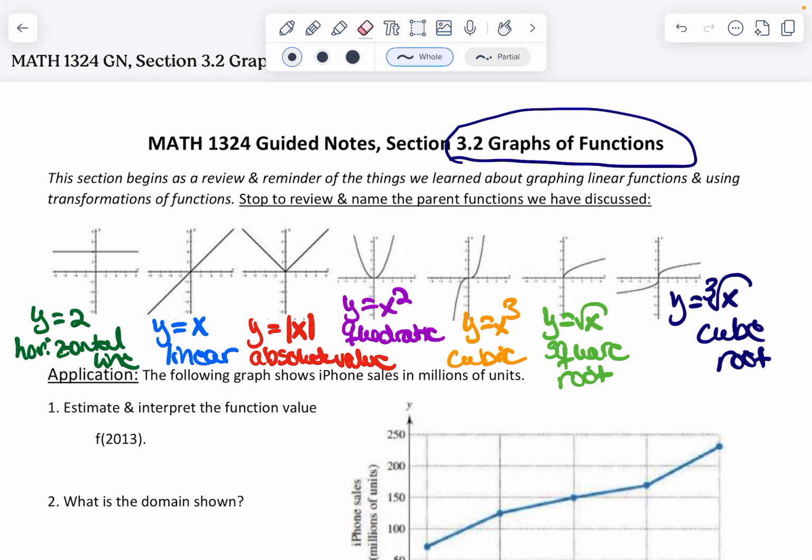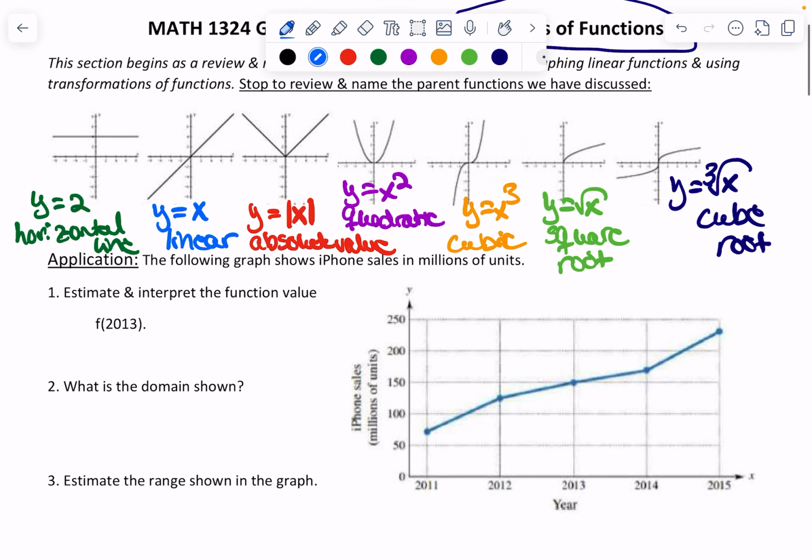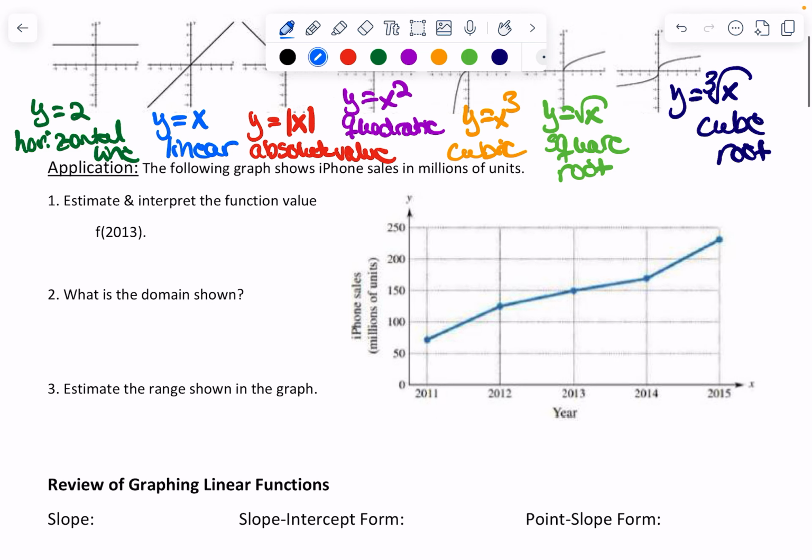Okay, let's continue on to the application. So the following graph shows iPhone sales in millions of units. So here's the year, and here are the iPhone sales. Estimate and interpret the function value, f of 2013.